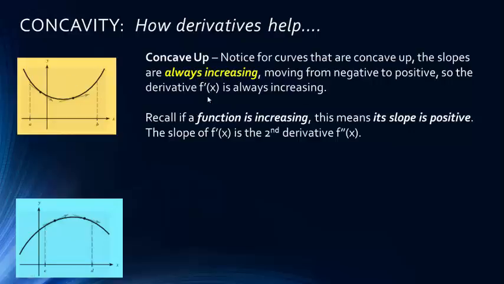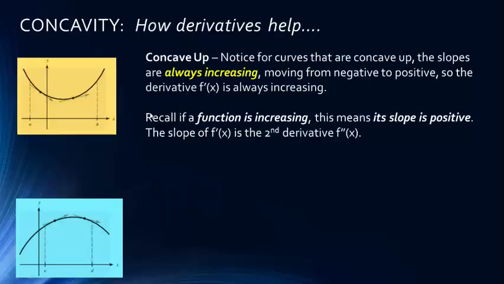What I'm now talking about is the slope of the derivative. And since we know the derivative is always increasing, then its slope has to always be positive. And remember, the derivative is the slope, so we're talking about the derivative of the derivative. Okay, I'm not going to say that again. You might want to rewind that and hear that again.